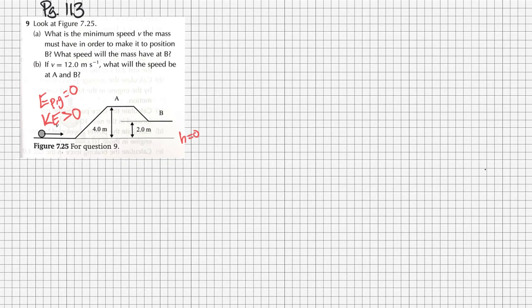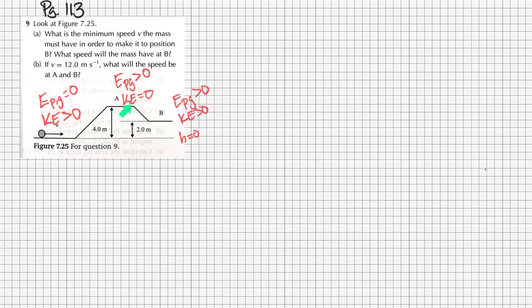Where right here, the gravitational potential energy at A is going to be greater than 0. And I'm going to say the kinetic energy is essentially really, really close to 0. I'm going to say it's going to be equal to 0 at A. And then at B, there is some potential energy greater than 0, as well as my kinetic energy is going to be greater than 0. So that's how I'm going to say this.